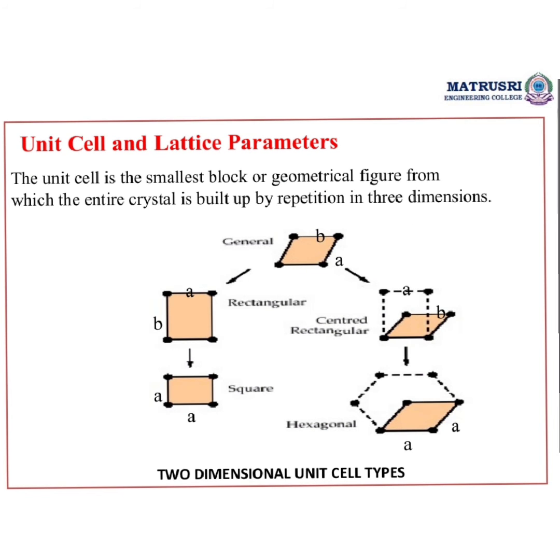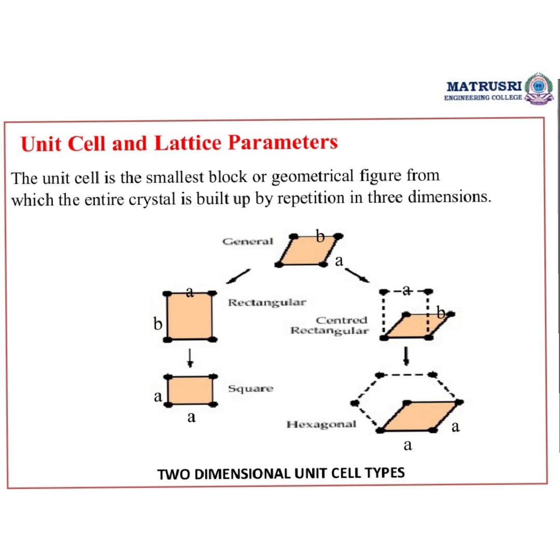Now the most important parameters, the unit cell and lattice parameters, we are going to discuss. How do you define a unit cell? Unit means one, right? So one cell, or first cell. A unit cell is a fundamental cell, the smallest cell, which when repeated in space will generate the total crystal structure.